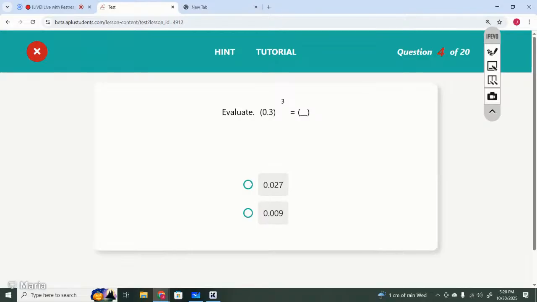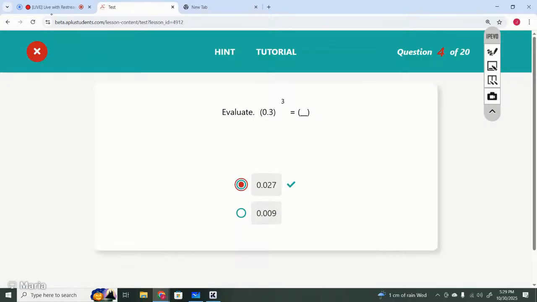Evaluate 0.3 exponent 3. So, which is the correct option? That is 0.027.